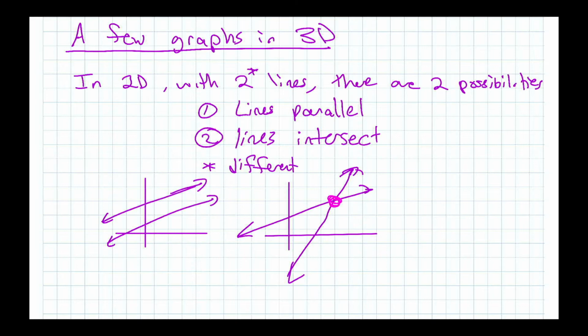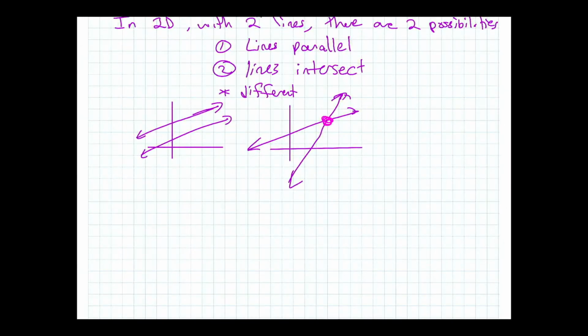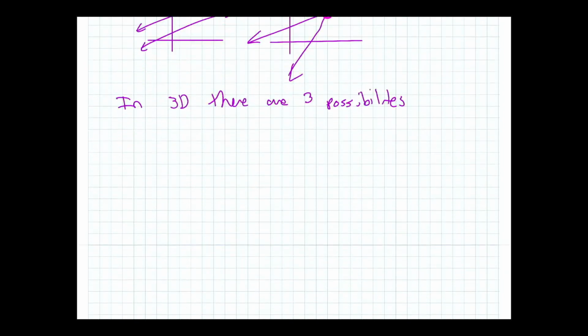Okay. Now in 3D, it's actually slightly different. There's three possibilities. And we have a section just on lines and planes where we talk about this in a lot more detail, but they do mention it here in the section, so I'm going to talk about it. So in 3D, there are three possibilities. Same thing, assuming that we're not talking about the same lines.